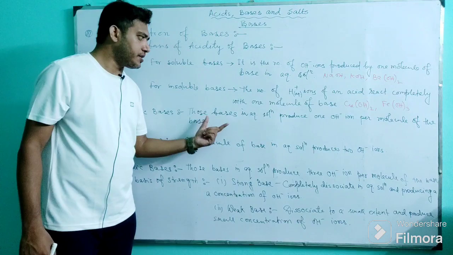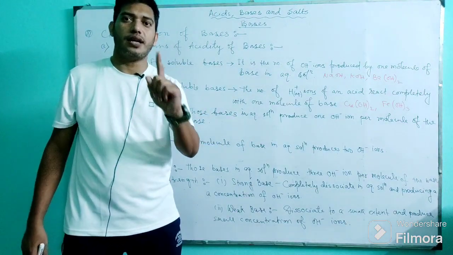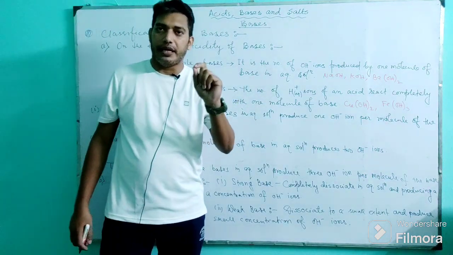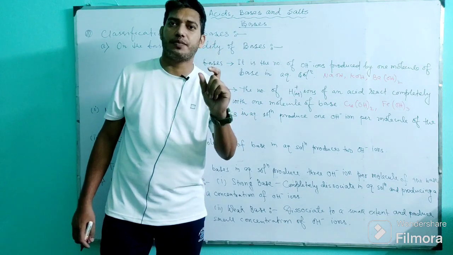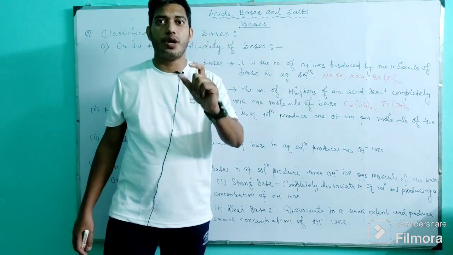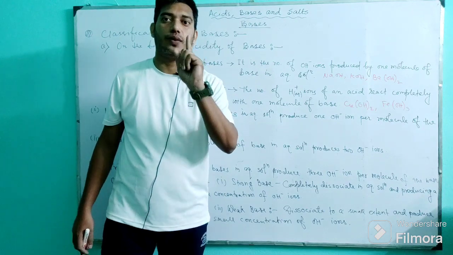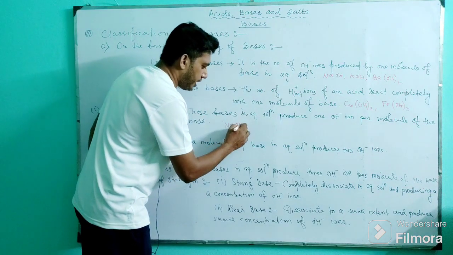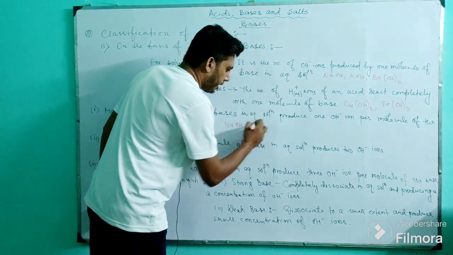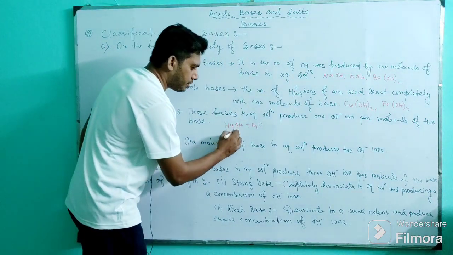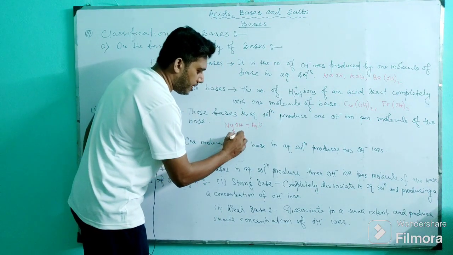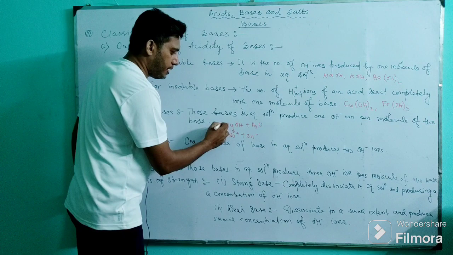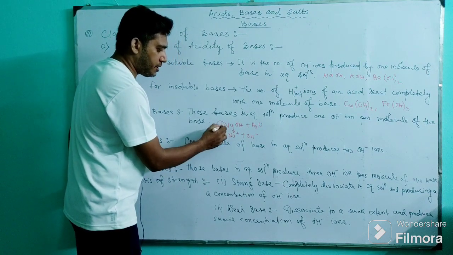Monoacidic bases are those bases which in aqueous solution form one OH minus ion per molecule of base. Suppose sodium hydroxide in water H2O completely dissociates and forms Na plus and OH minus ions.